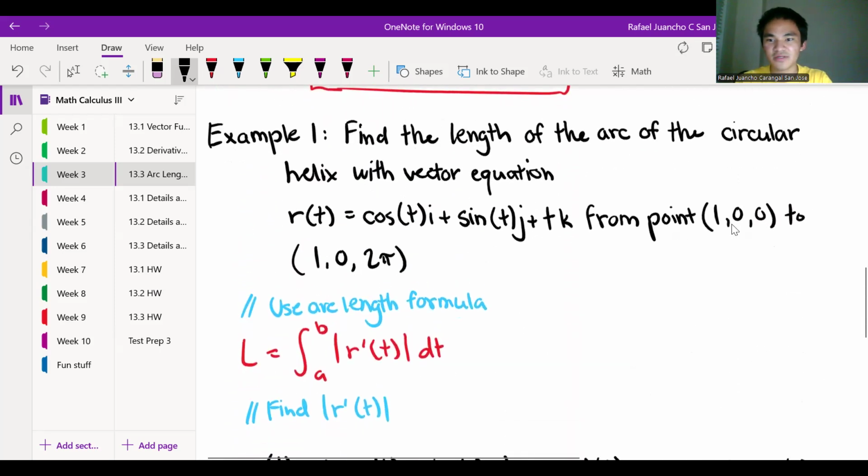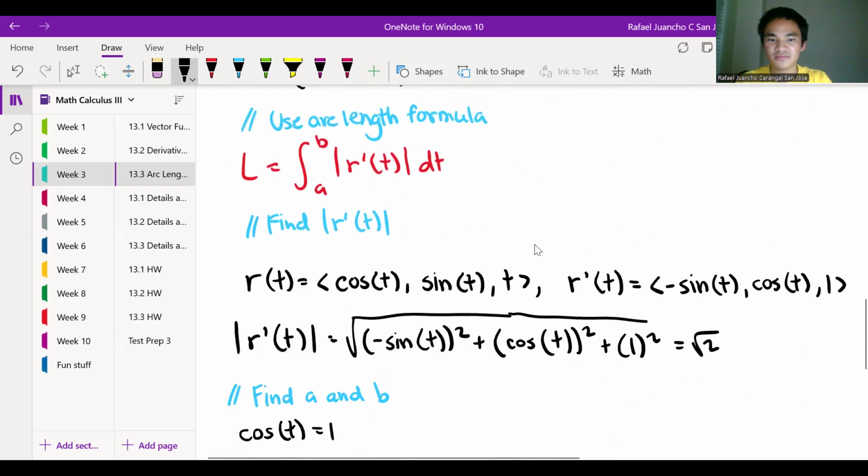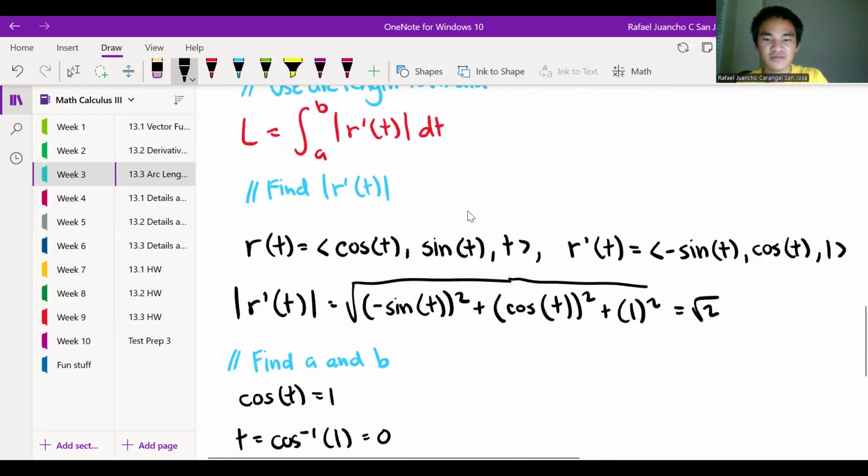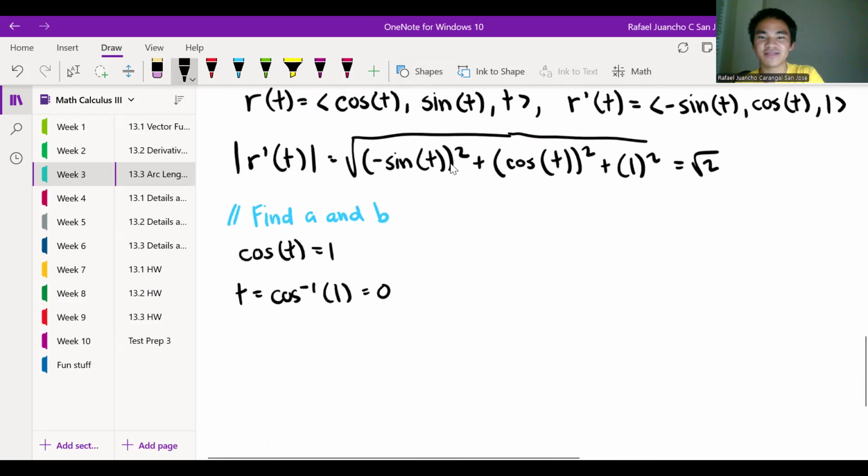And then the next part, 0, 0. So I'm going to try it again. So I have sine of t, which is equal to 0. And so my t here is again 0, right? And lastly, I look at t is equal to 0.